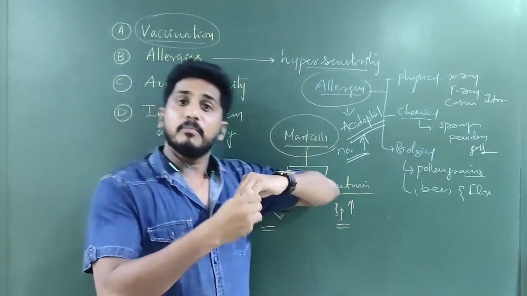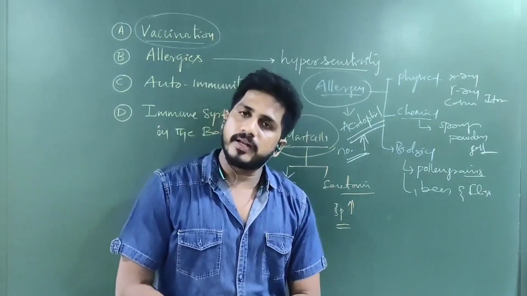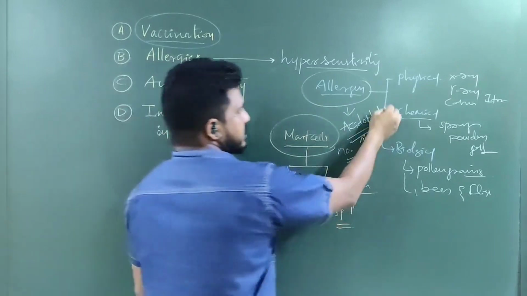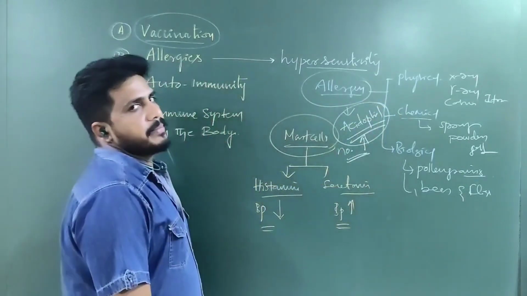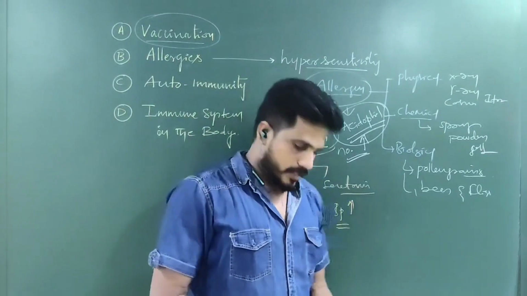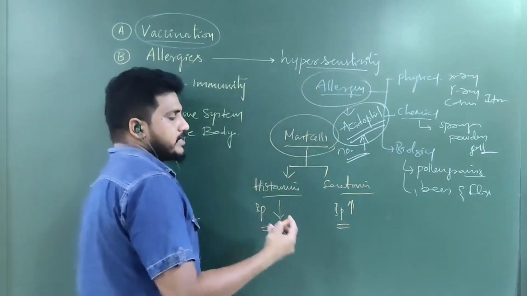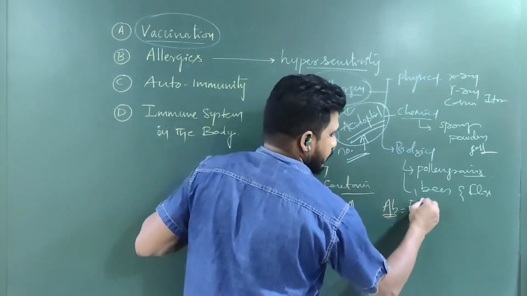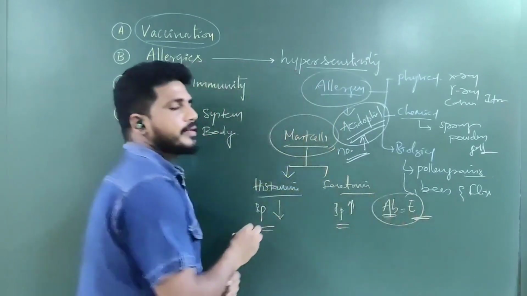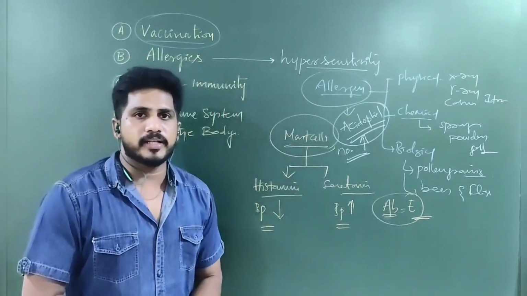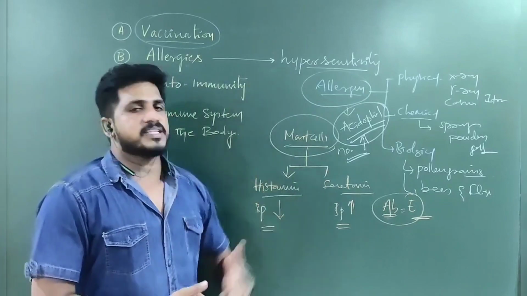If their number is more than normal, then you are in a condition of allergy. During allergic conditions, the acidophil number increases. They are also called eosinophils, allergy-causing cells. Another important thing, during allergic conditions, antibody type E is produced. All these are important information regarding allergy and hypersensitivity.